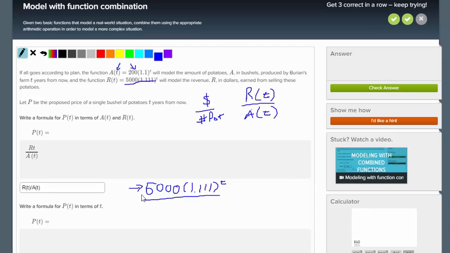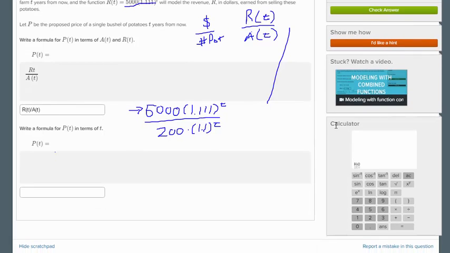This is how much money was brought in, over how many potatoes I had, which is 200 times 1.1 to the t. All right, let's put that in. Parentheses on top.